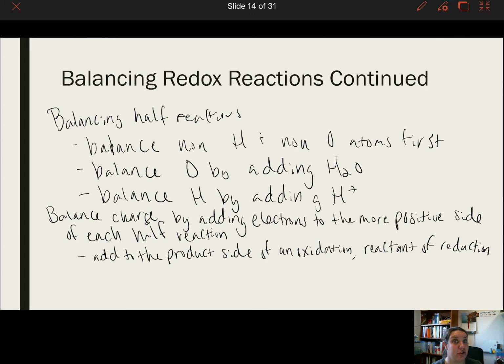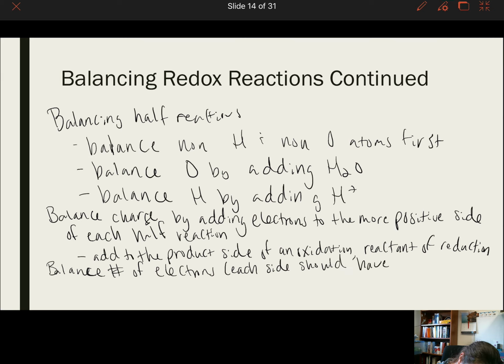Your oxidation and your reduction should have the same number of electrons. So you're going to do this by finding a common multiple.